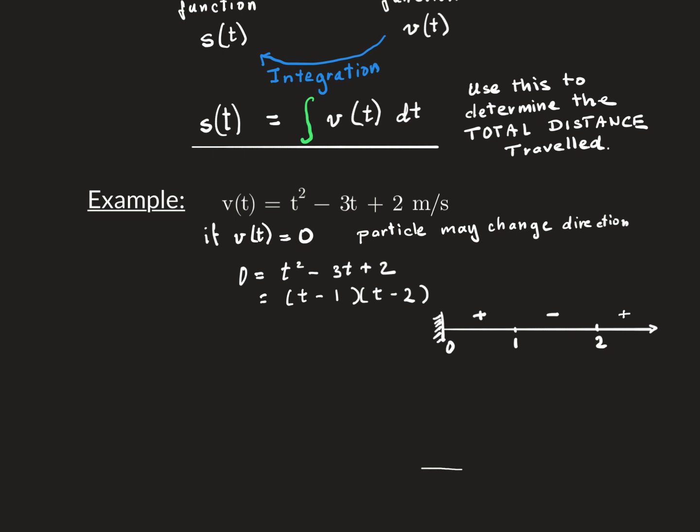This was done by substituting 0 into this equation and finding that it is positive, and a number between 1 and 2 and finding that this is negative, and so on. Since the signs change at 1 and 2, the particle is traveling to the right until 1 second, then it changes direction and travels back, and then it changes direction at 2 seconds and keeps on going to the right.